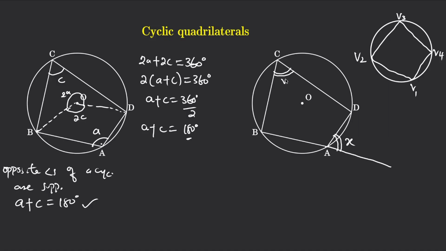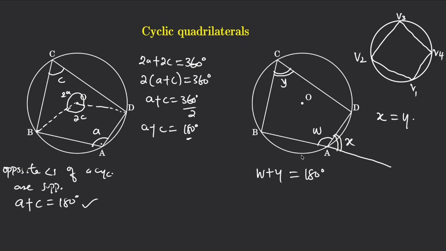So let's call this Y. So the corollary is saying that X is equal to Y. Now the explanation to that is this. Let's call this angle W. Remember that the relationship between W and Y is that W plus Y is equal to 180. Why? Because they are opposite angles of a cyclic quadrilateral, so they're going to be supplementary, right?